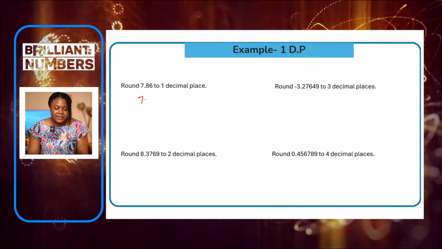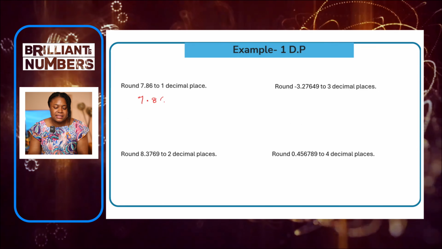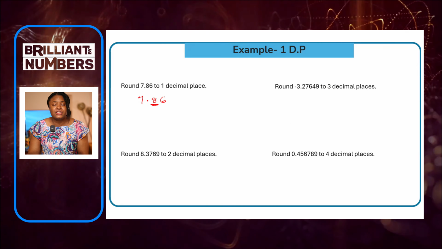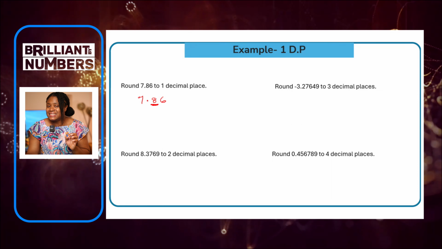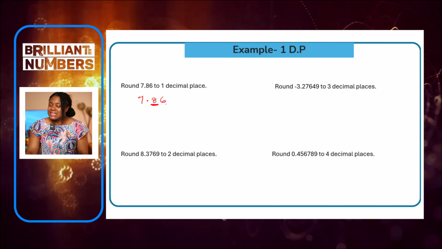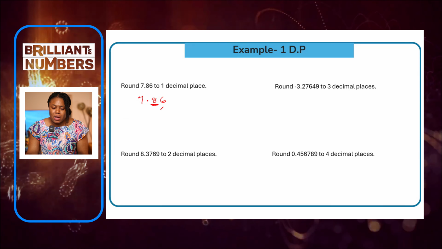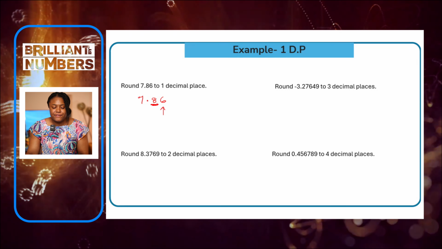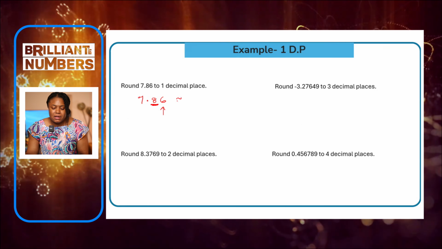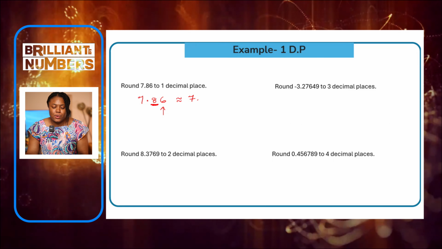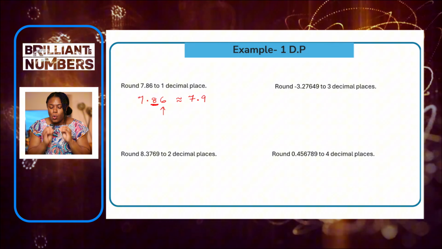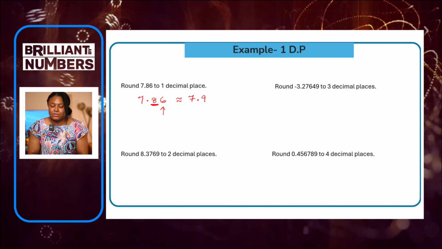So I'm just going to rewrite this here, 7.86. So the first decimal place is 8. So I underline that. I now need to check the digit immediately beside this. This digit is 6, which means I need to round up. So therefore, I'm going to add 1 to the 8. So this answer will be 7.9. And now my answer should only have 1 digit after the decimal.